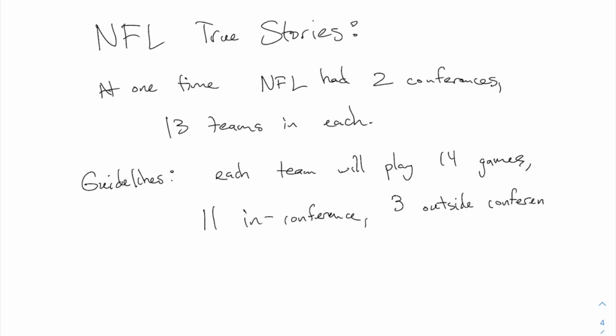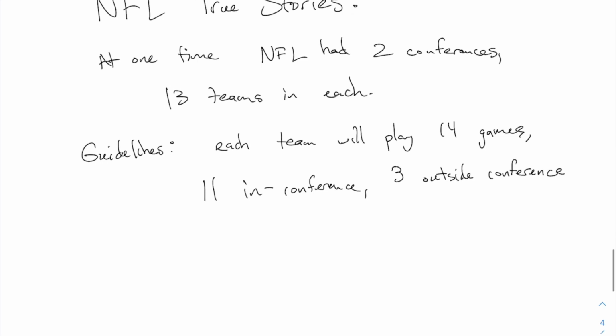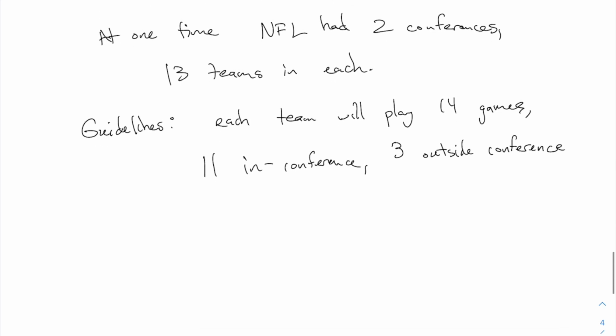Most of these details don't matter, and it doesn't matter if you know what any of this means. I only barely know what this means. So they came up with the rules about how they were going to create the schedule, before they actually made it: 14 games, 11 in conference, 3 outside the conference, and then they told some other guy, okay, make us a schedule which obeys these guidelines.